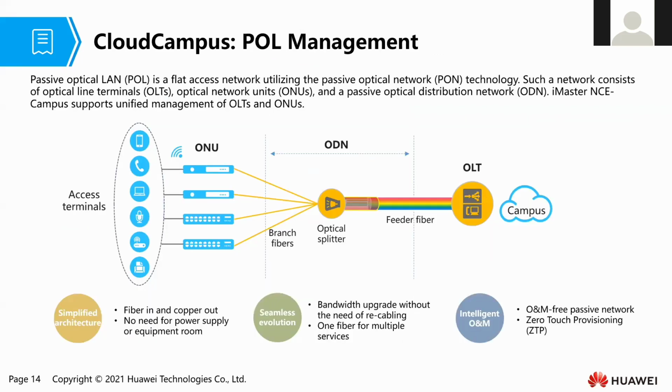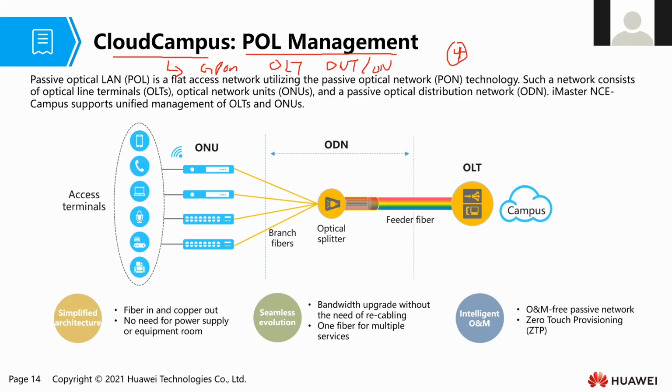Besides the 3 types of solution, we actually have one more extra solution. Just a minor feature: our cloud campus is able to support PON management. Basically, this means our cloud campus can also manage GPON devices such as OLT and ONT or ONU.